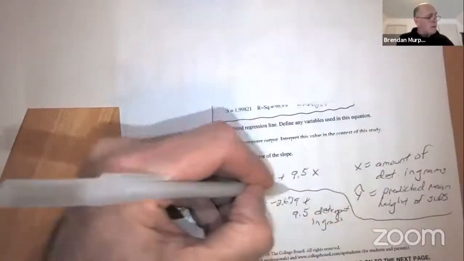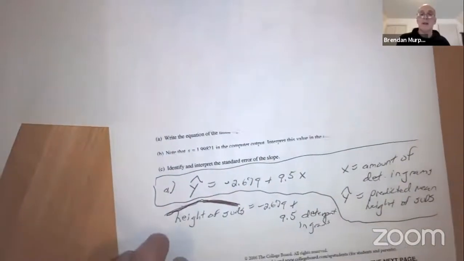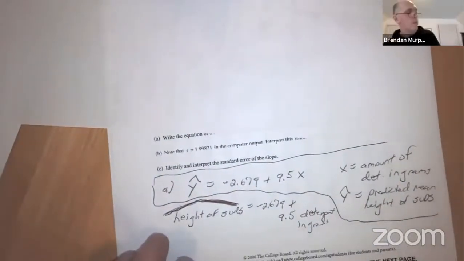And so here I don't really need to identify the variables because I physically have written those in my least squares regression line. So again, both of these would be considered acceptable on any AP exam.